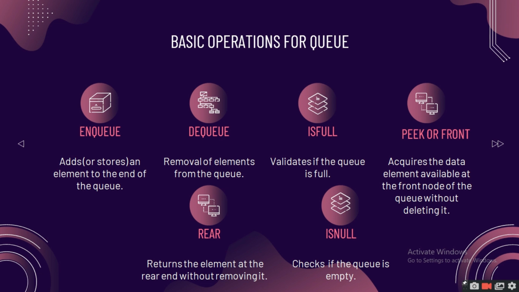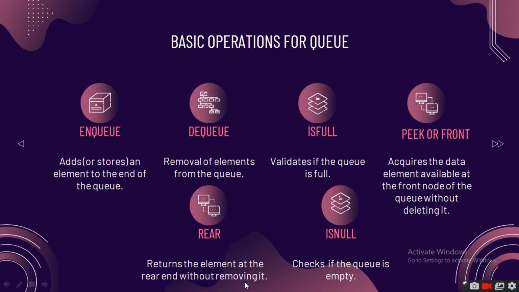And peek or front: peek is going to retrieve the first element available in the queue without deleting that element. That's what peek or front does. And rear is going to return the last element without removing it.